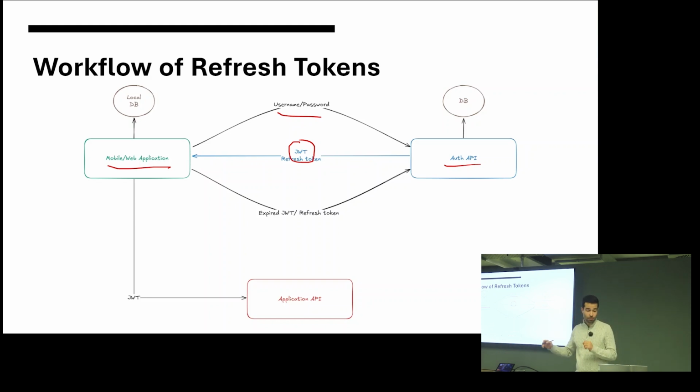Everything works fine. But here is a thing we need to always consider. JWT lifespan is always short. It is between 5 to a maximum of 20 minutes, not more than that. So what would happen after 5 or 20 minutes? Because we can't actually have a long lifespan for the JWT.